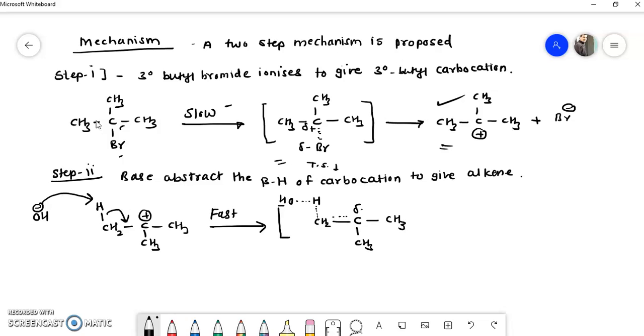So here there will be a delta positive charge, and here there will be a delta negative charge, partial positive and partial negative charges. This transition state 2 is very unstable. That's why we finally get the product CH2 double bond C CH3 CH3 with the elimination of a water molecule, and we know this is 2-methyl propene, which is our product.